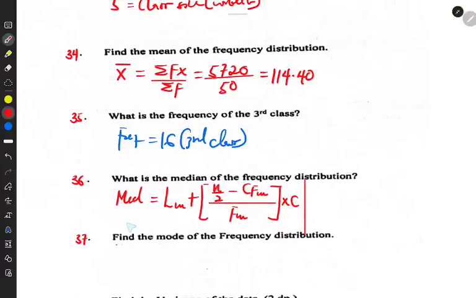So median position is supposed to be what? 1 over 2, okay? 1 over 2 summation f. So what do we get? 1 over 2 multiplying 50. And that's going to give us what? The 25th position, the median class.